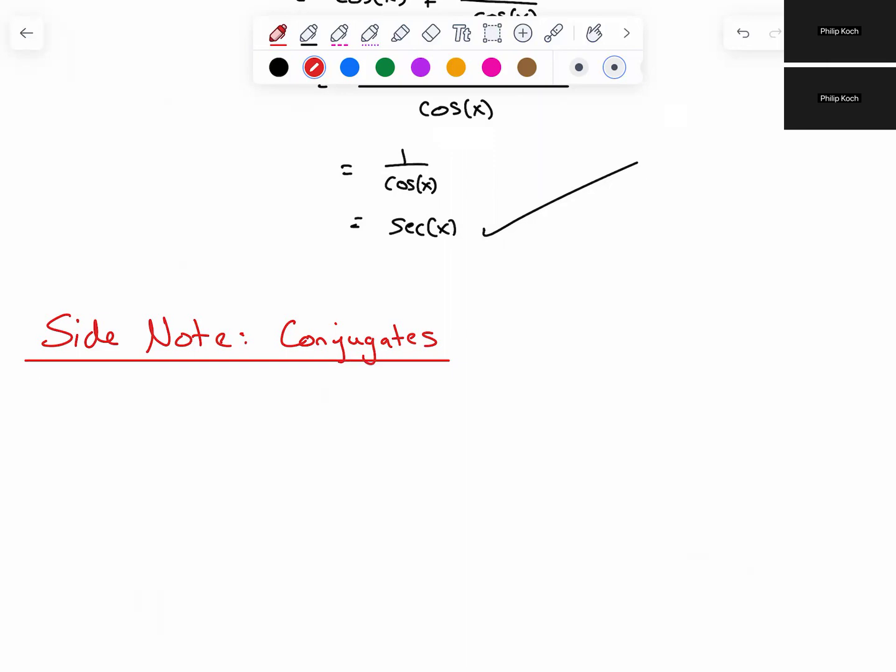Yes. If you have two terms and it's plus the other one, then it's minus the other. Exactly right. So the conjugate of a binomial a plus b is a minus b and vice versa.